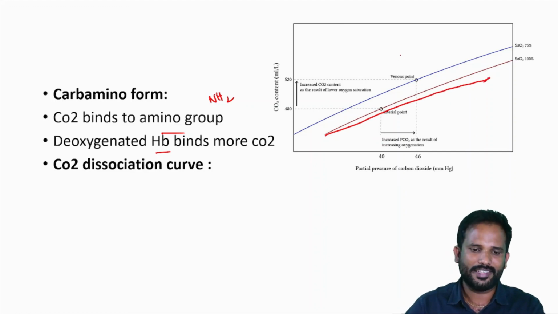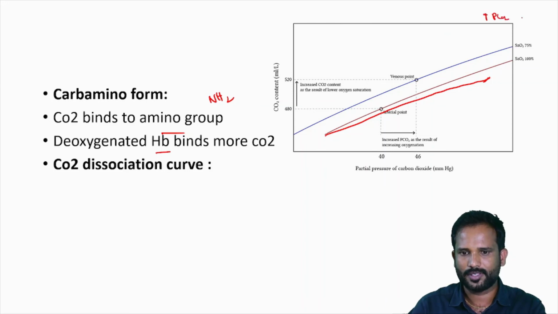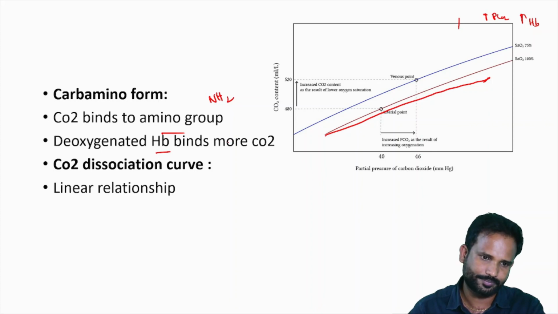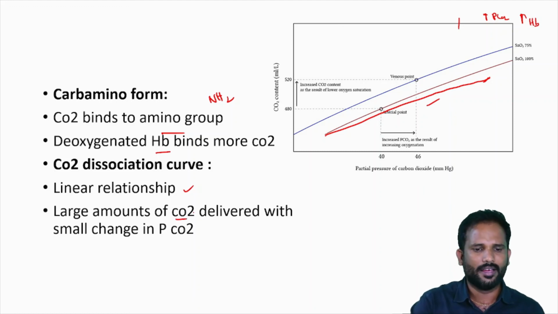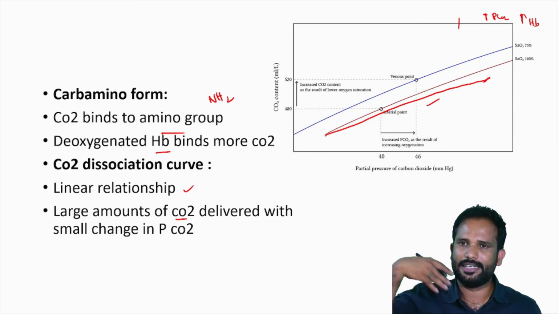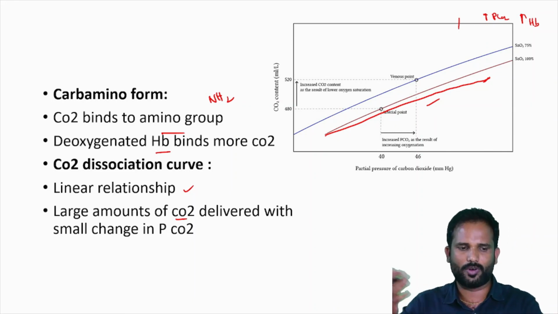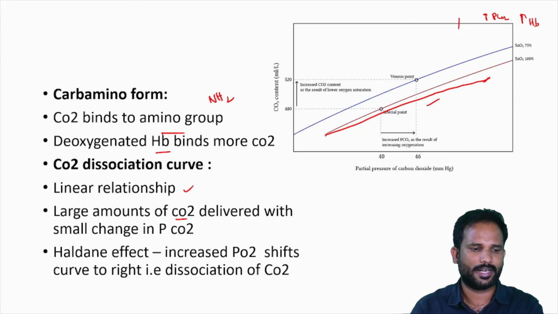With an increase in partial pressure of carbon dioxide, more saturation of hemoglobin occurs, and similarly in reverse. The benefit of this is that large amounts of carbon dioxide are delivered with small changes in partial pressure, either loaded or unloaded.